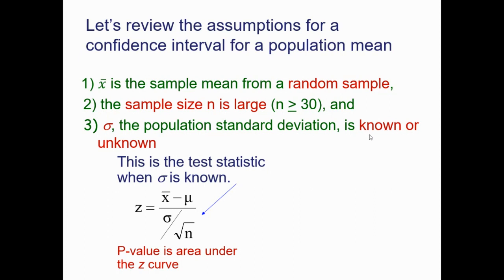So this is the test statistic that we would use if sigma is known. Just do Z equals X bar minus mu divided by sigma over the square root of n. And then the p-value would be the area under the z-curve.